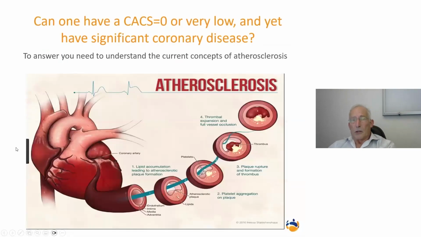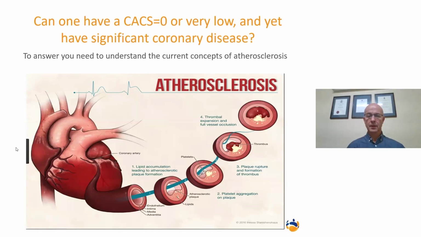Peter, I might just ask you to explain a little bit about this slide on atherosclerosis. Yes, so I think most of us are familiar with the process of atherosclerosis, that it starts with damage to the arterial wall, in the past mainly by smoking, now the other risk factors we've mentioned. That damage results in an infiltration of bad lipids into the wall.